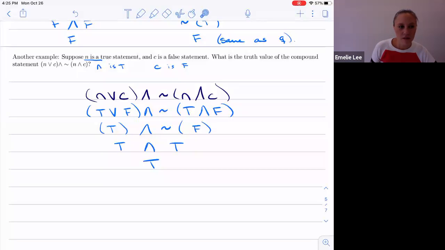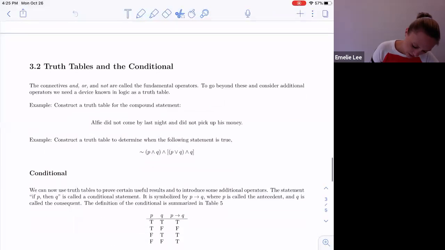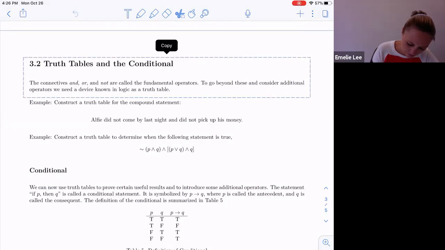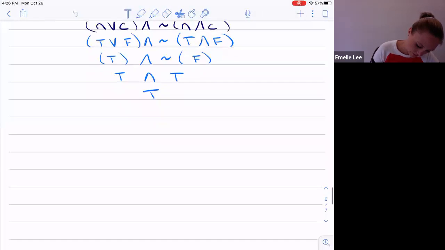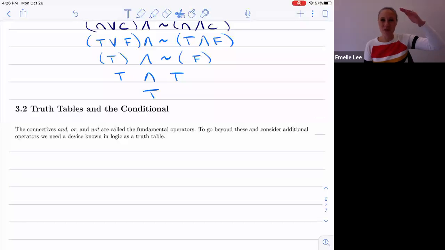All right. So that would be kind of our basics: and, or, and not, right? Let's talk about, in section 3.2, truth tables and the conditional. We've made little truth tables, right, where we list all the possible truth values for P and Q, and now we're going to build on those and start to figure out bigger truth tables.